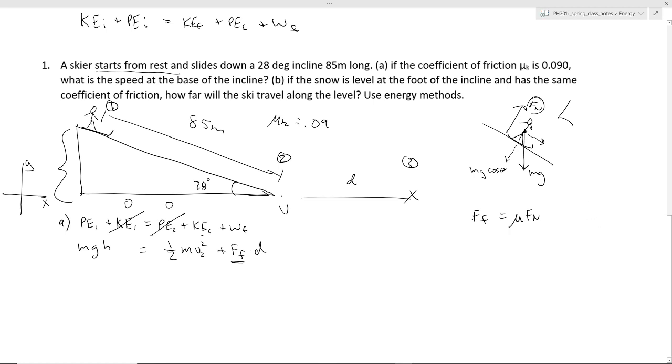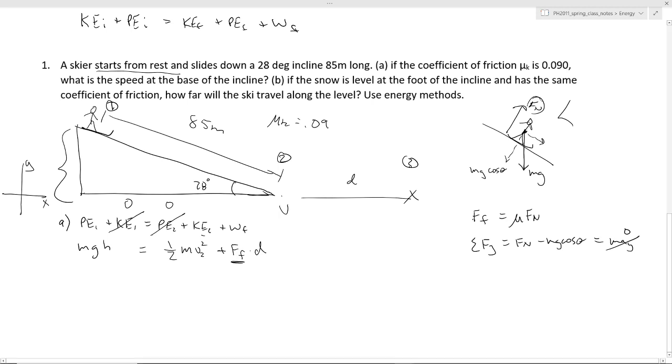And so if we quickly sum the forces in y, let me write this over here. You have the normal force, you have minus mg cosine theta. That's going to equal 0 because the acceleration in the y direction is 0. Let's see, can we factor out an m? It's likely that we'll have an m that cancels. We should see that fall out once we get it all set up.